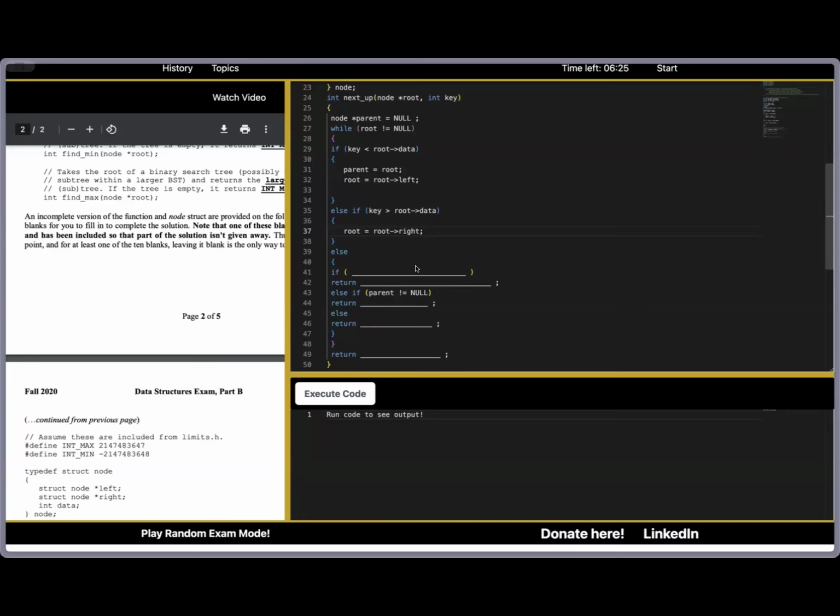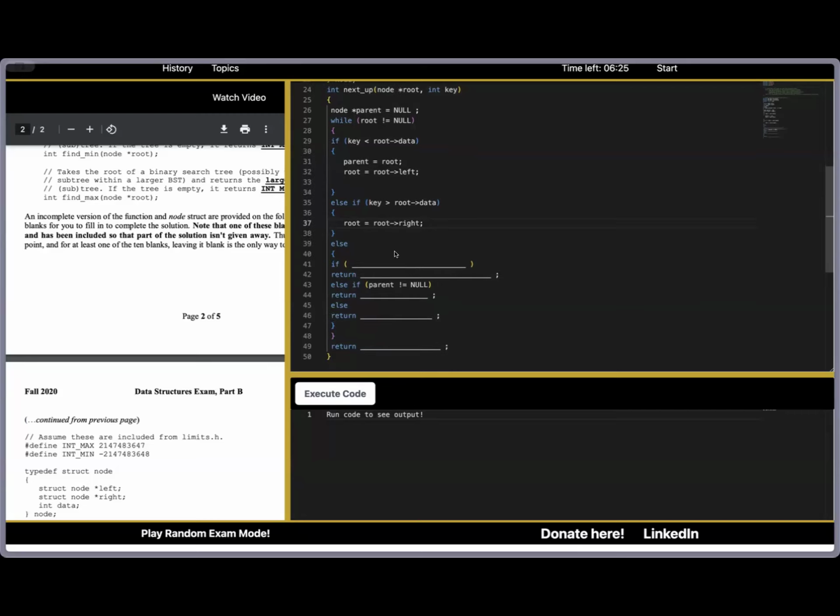All right. So we're going to move over to the next if statement. What is the next condition you guys think we need to check?